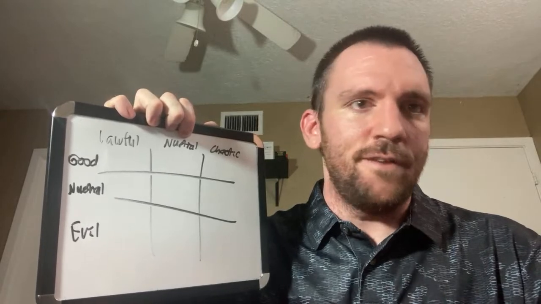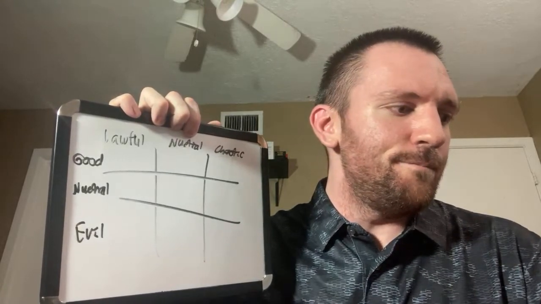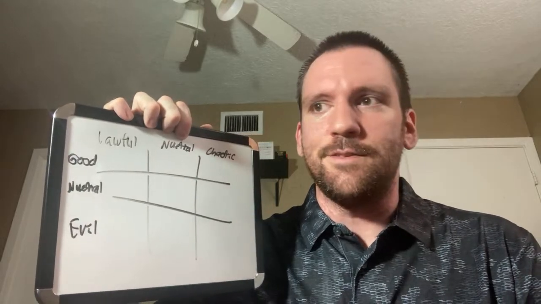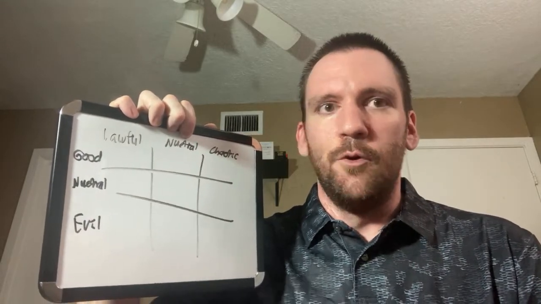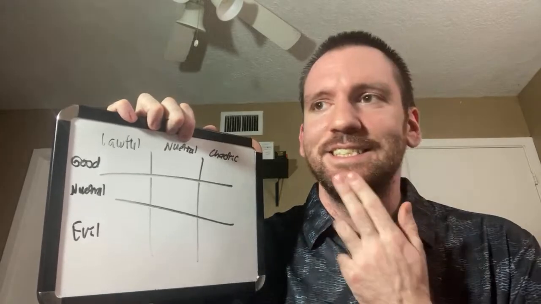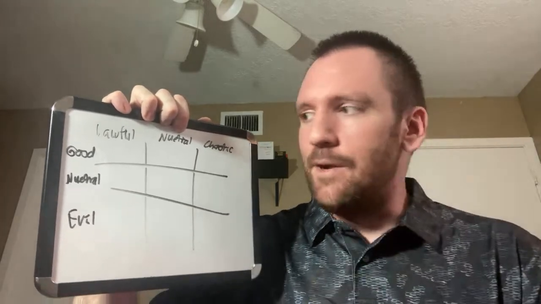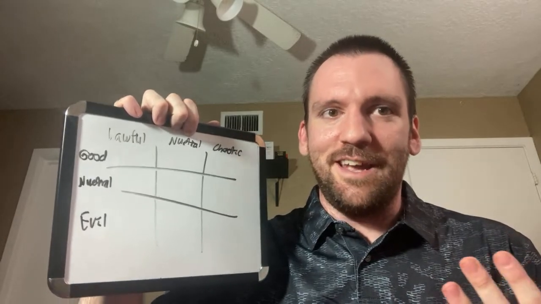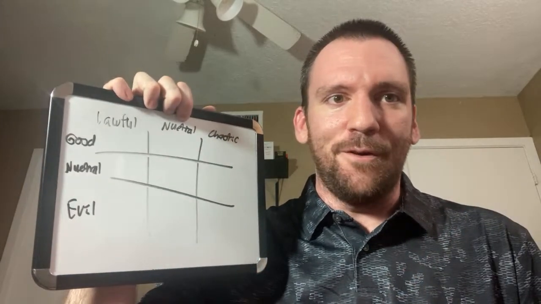Then lawful neutral is the character that just wants to uphold the law. Your Inspector Javert from, what's the name of that Broadway musical that everyone sings? Les Miserables, there we go. Then neutral is kind of hard to pull off because it's a character that doesn't give a fuck whatsoever.